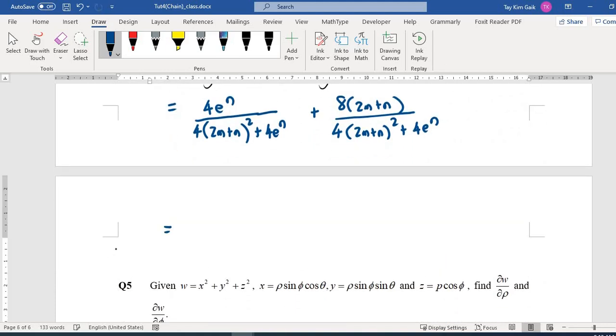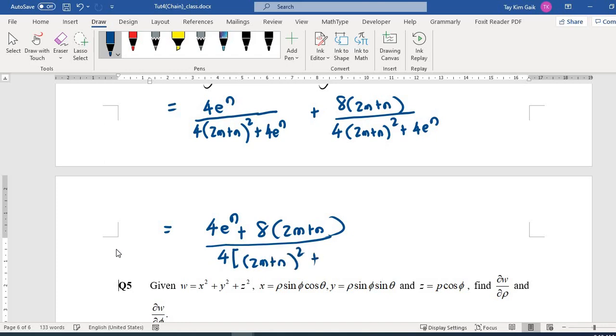Okay. And then 4 exponent n plus 8 2m plus n. We combine the denominator, so you got 4 times. We factor out the 4. So 2m plus n squared plus exponent n.